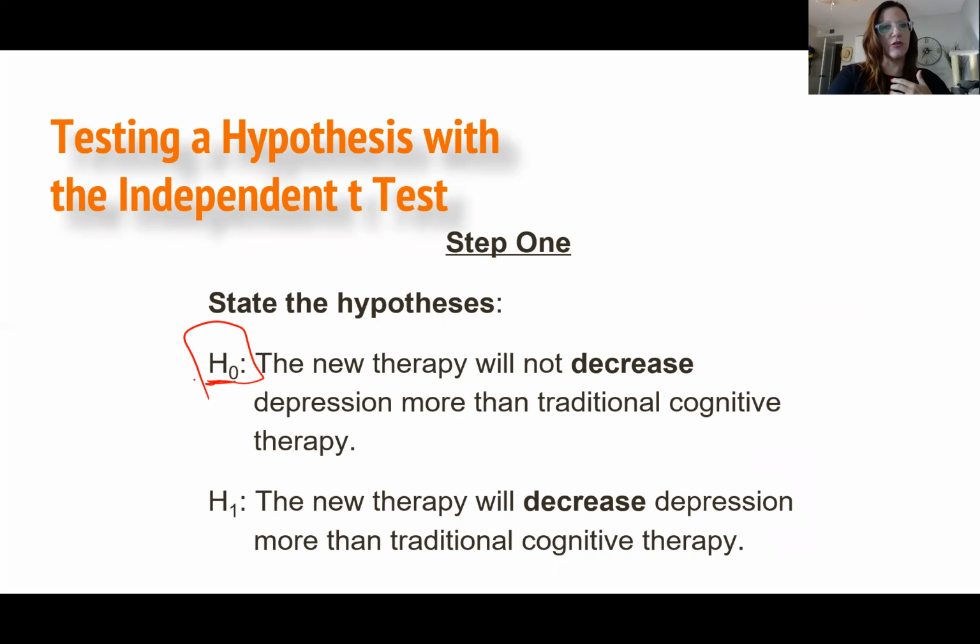So make sure H0 means no change. H1 means a change. So this one says will decrease. That's the actual prediction. So that's step 1 of our hypothesis testing. It should include a clear distinction of what our independent variable is, what the dependent variable is, and whether there's direction or not.